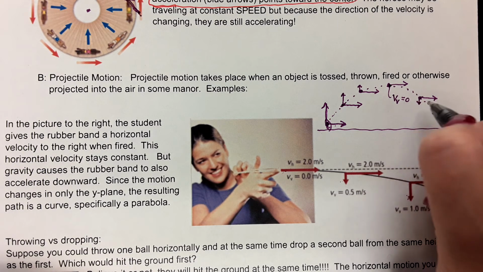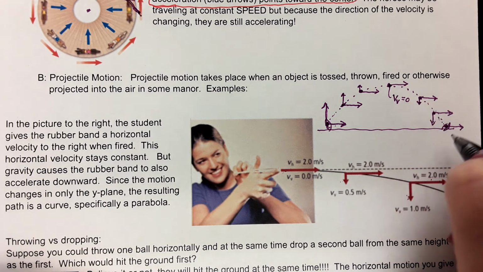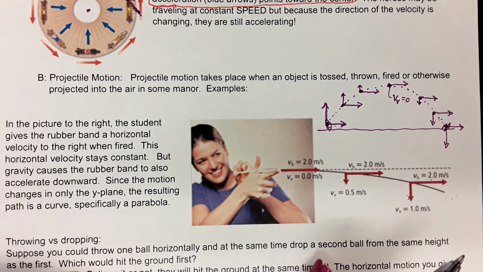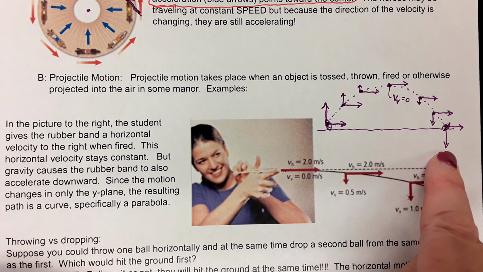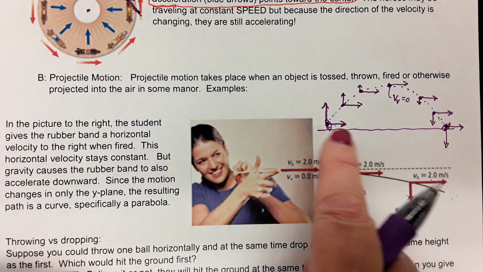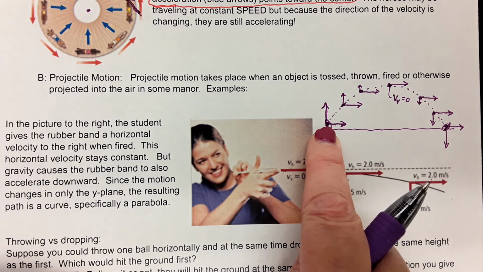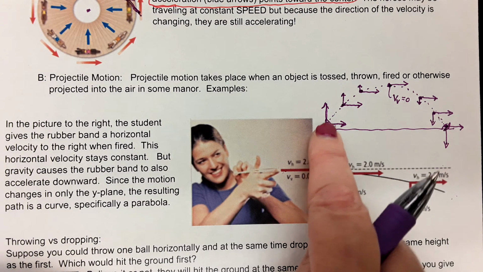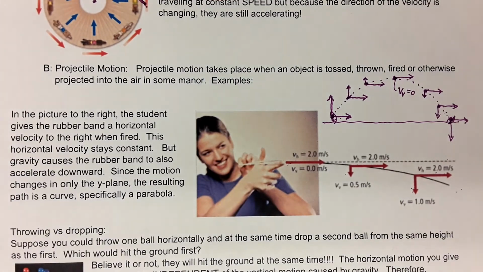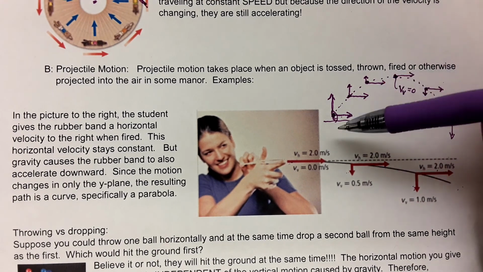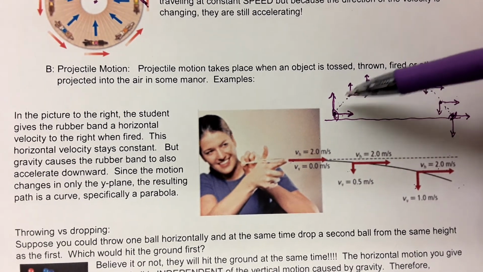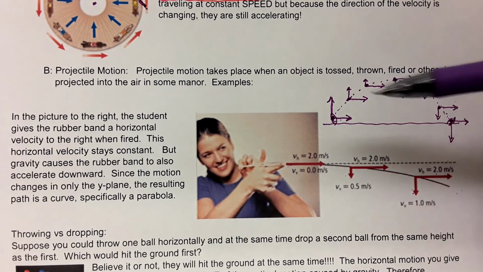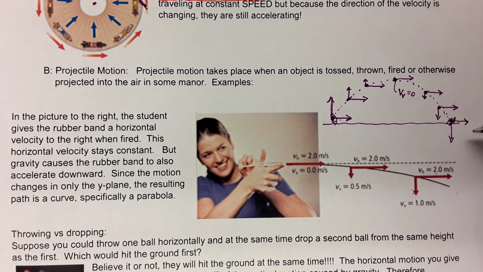Now it starts back down and it increases the velocity symmetrically. In fact, when it hits the ground, it should be traveling vertically just as fast as it was when it left the kicker's foot because of symmetry. So, the two motions, the constant horizontal motion and the vertical changing motion, create a curved path.